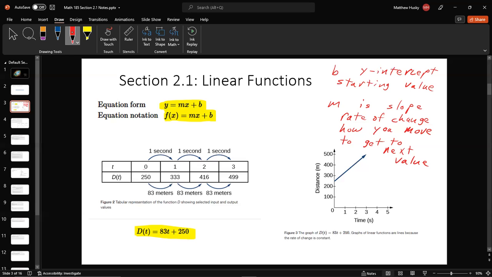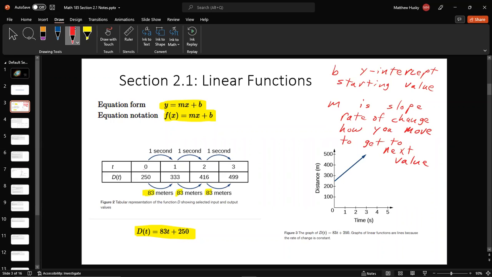If you go another 1 second, you add an additional 83 meters. So you go from 333 to 416. If you go one more after that, you go from 2 to 3, and you've got 83 added to your distance there. And so the punchline, the big takeaway, is that this is a constant rate of change.